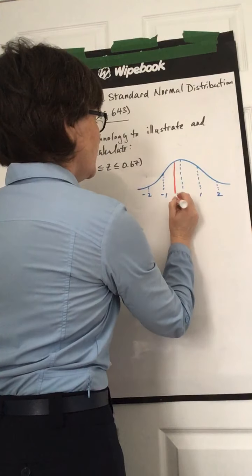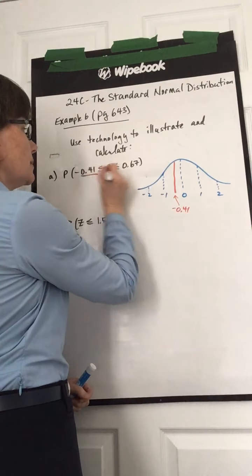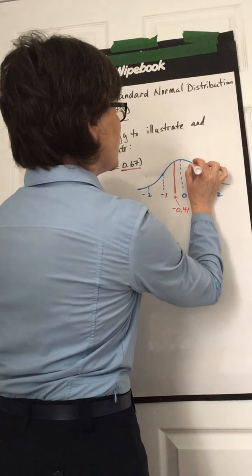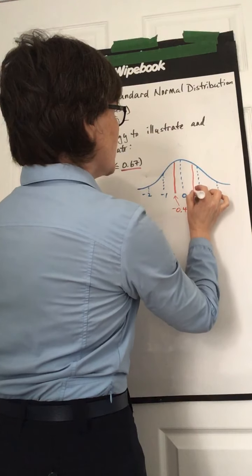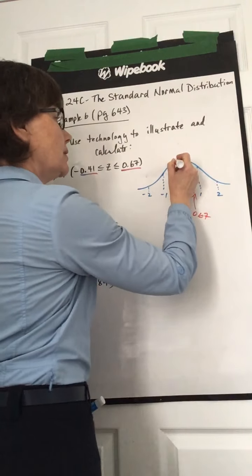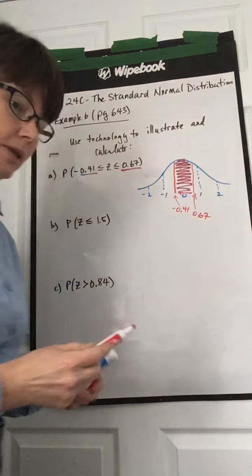So we're looking here to 0.67, so 2/3 of the way across to 1, so approximately here. So we're actually looking for this area. That's the area we are looking for.